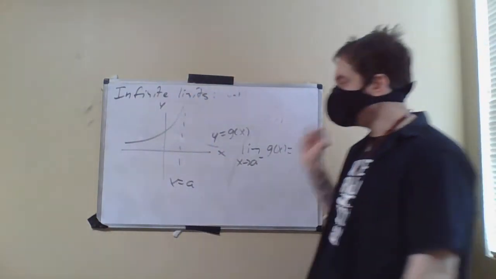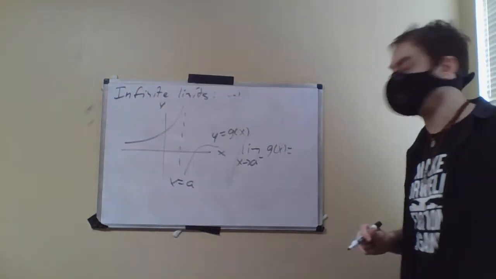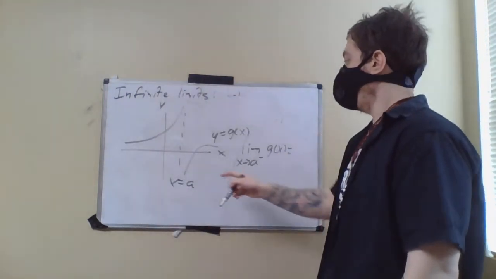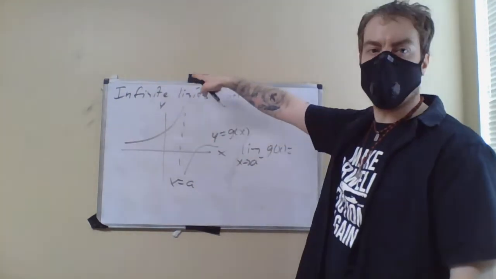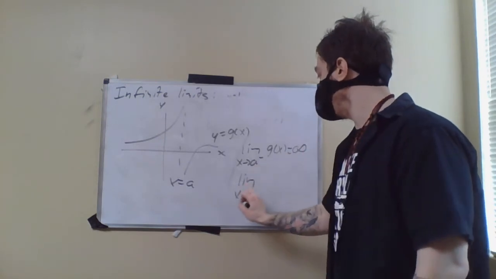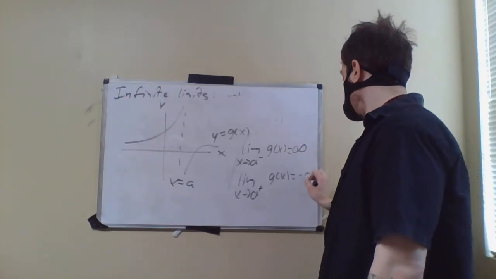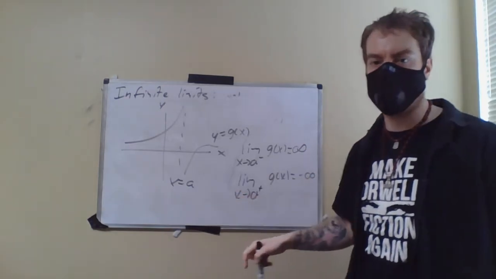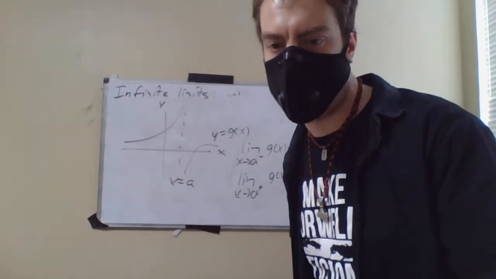I'm being kind of ridiculous here because perhaps the fuse box has still got me thrown. So I wanted to draw it this way. As we come in from the left, this is blowing up towards positive infinity. But as we come in from the right-hand side, this is going down towards negative infinity. So you can see here that there is this kind of different behavior.